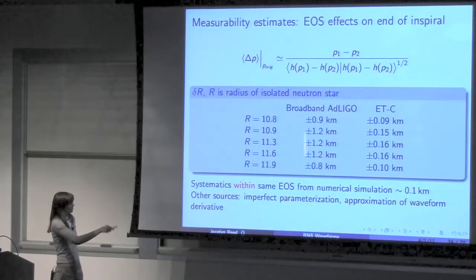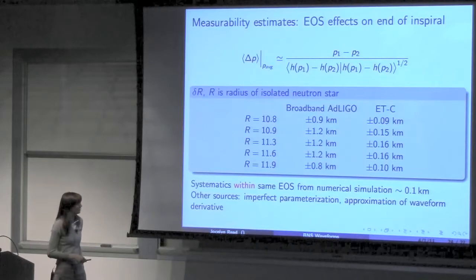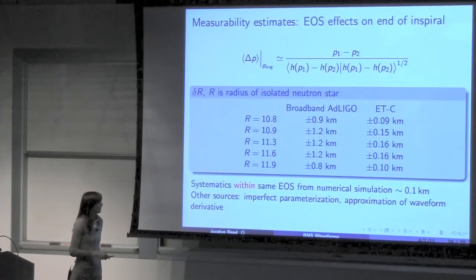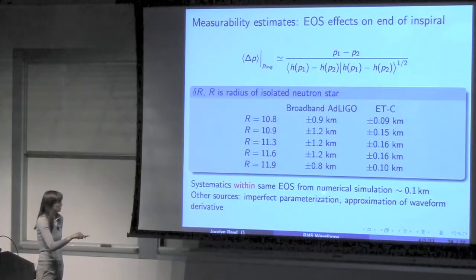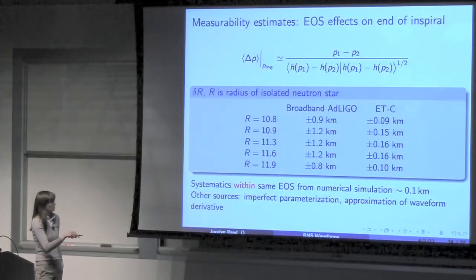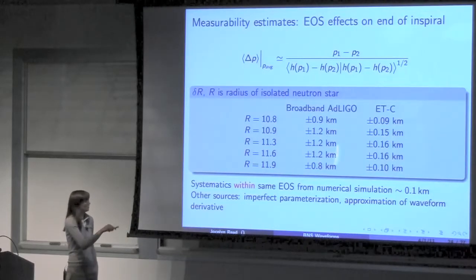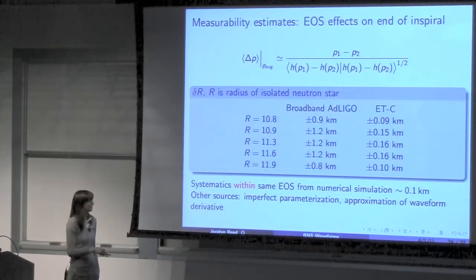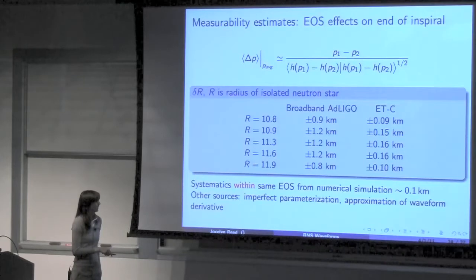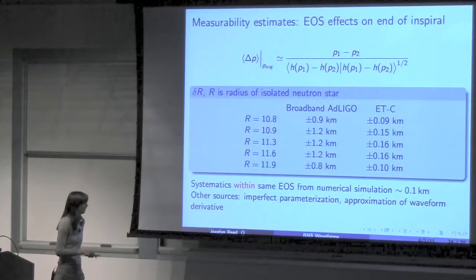so this translates into a range of estimates over different radii. So really this is all the same measurement, where you have approximately plus or minus 1 kilometer in advanced LIGO and a tenth in the Einstein Telescope.